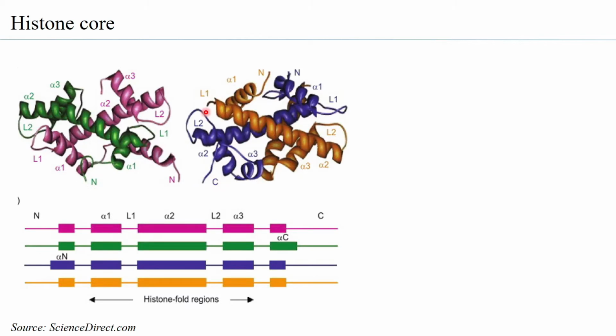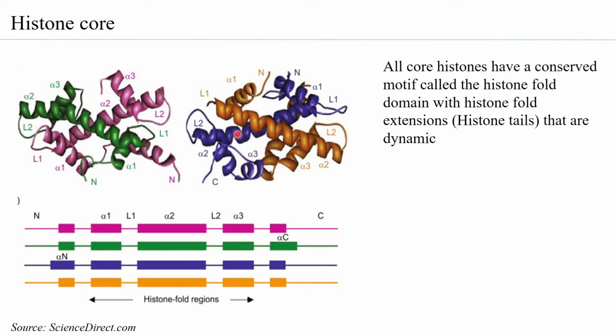Let us understand the structure of the histones itself. So what has been found is whether you have H3, H4 or whether you have the H2A, H2B, all of these basic core histones, they're called core histones because they are forming the nucleosome core particle. And all these histone cores have a very typical conserved motif, a supersecondary structure motif, and this motif enables it to interact with each other in the first place.